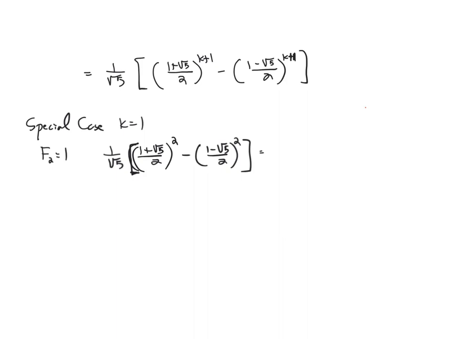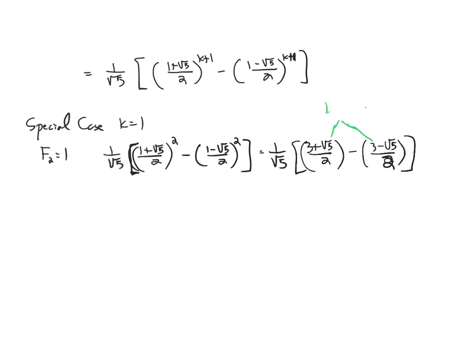But we kind of know how to do it because we know from the previous exercise that I gave you that this is 3 plus root 5 over 2. This is 3 minus root 5 over 2. So this is 1 over root 5 times 3 plus root 5 over 2 minus 3 minus root 5 over 2. And again, this is by that exercise from before. And if we simplify that, we get 1 over root 5.